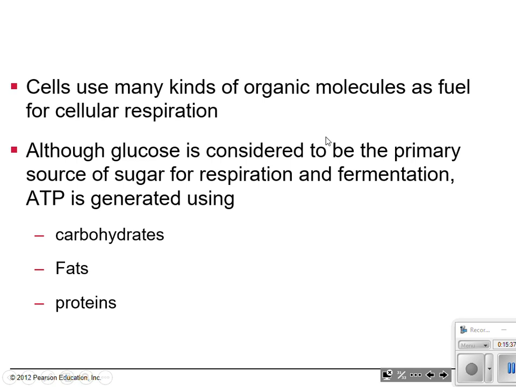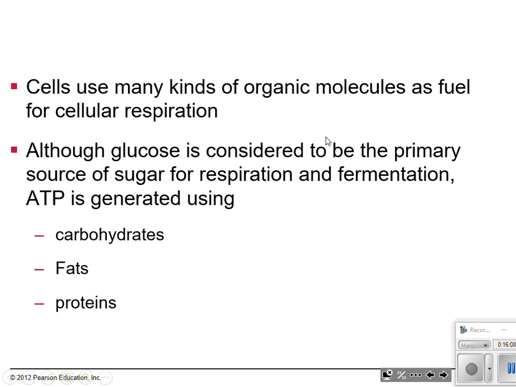I'm going to let you in on a little thing here, folks. The next unit after cellular respiration, once we start back from our Thanksgiving break, is going to be macromolecules. You know what three of the things we're going to talk about are? Carbohydrates. The second one is fats, which we'll be calling lipids. And then we'll talk about proteins.